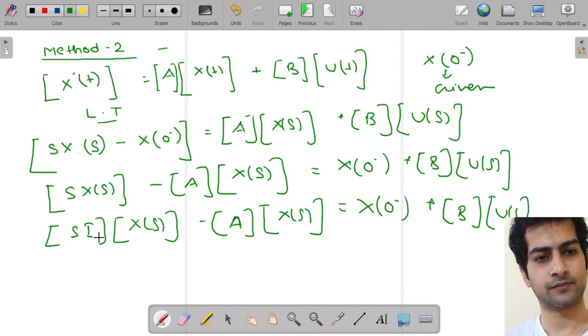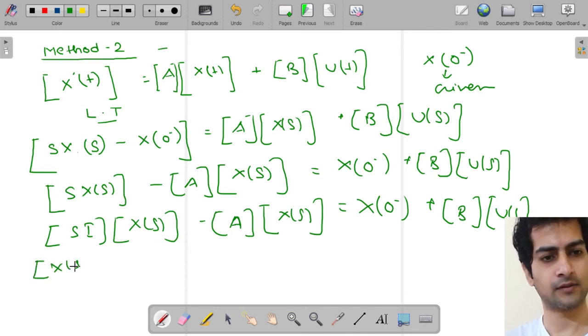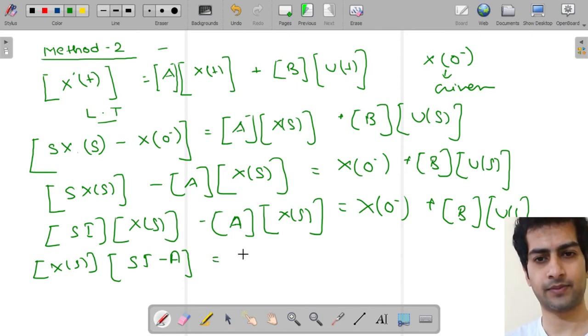Let's take it common. X(s) (sI minus A) equals initial condition x(0-) plus B U(s).